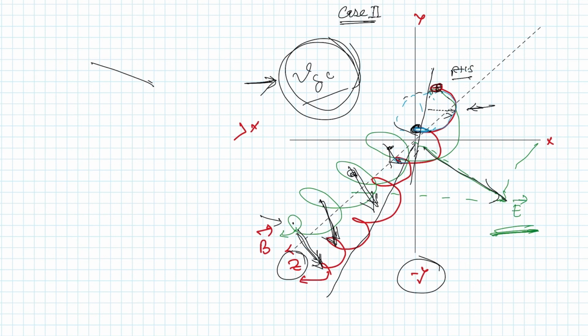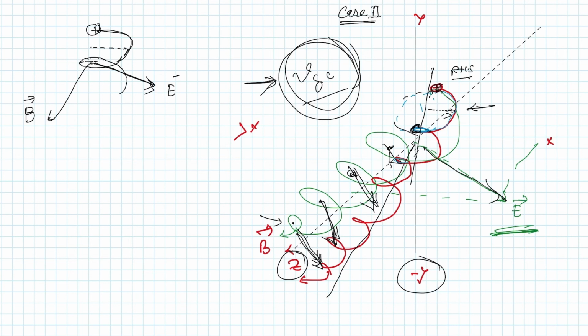Here you see in this direction this is the electric field and this is the magnetic field. It is coming out of the screen, you may imagine it like that. Here you see this is the positive charge moving like this. In the first half cycle, because of this electric field it gains energy and the Larmor radius increases, and when it comes like this in the second half cycle it loses energy, so the Larmor radius decreases again.